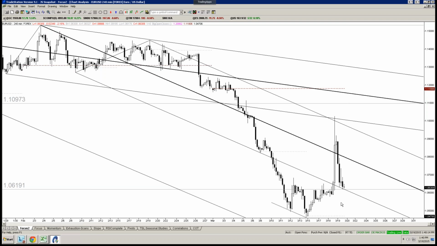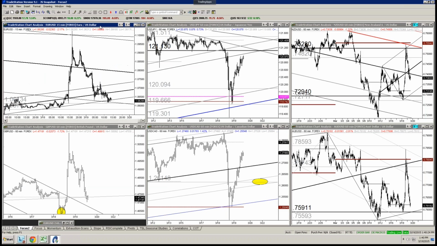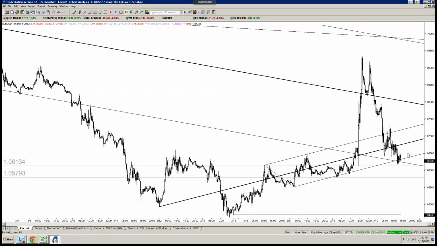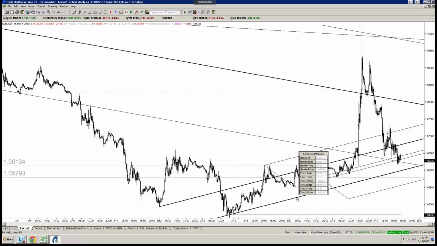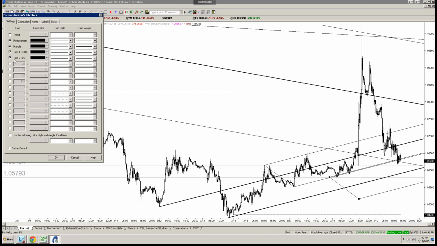So something that interests me is just the fact that we're there. And again, we do have the really short-term slope support too. Okay, awfully short-term. This is super short-term, but something there that's worth watching. So that is that for now.